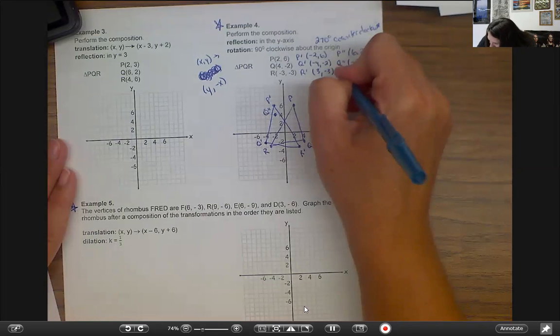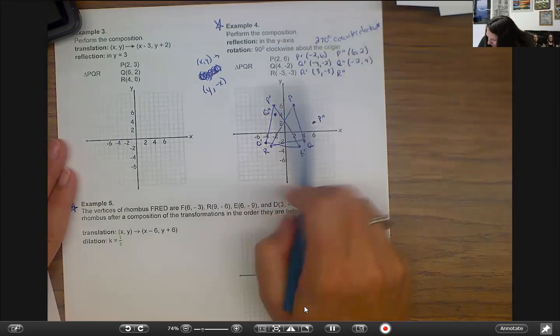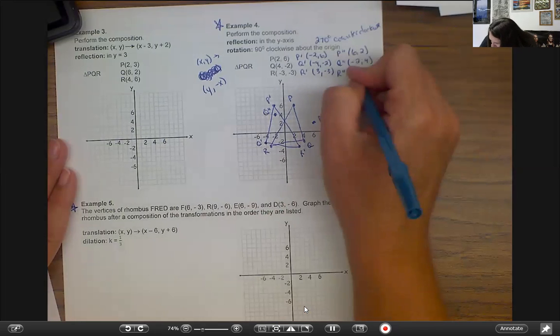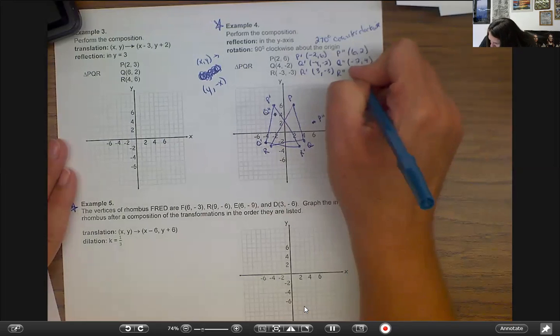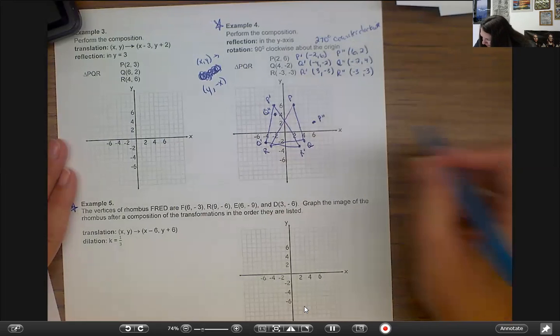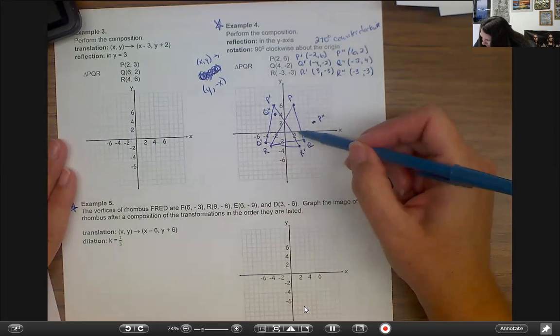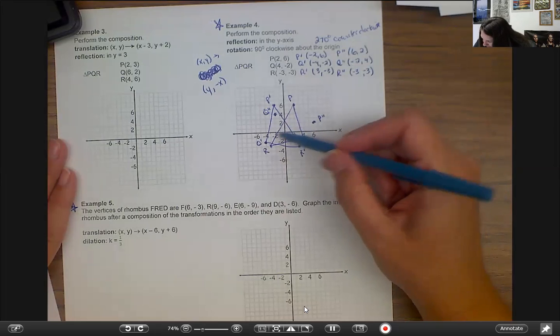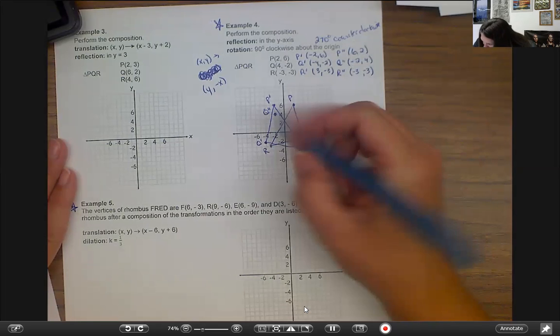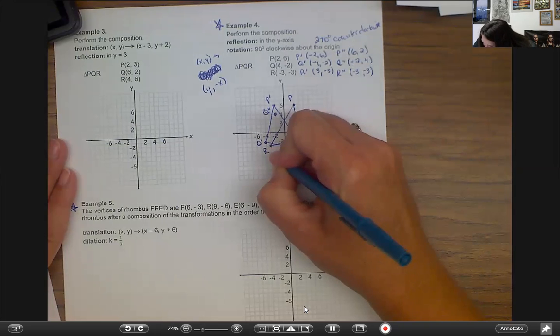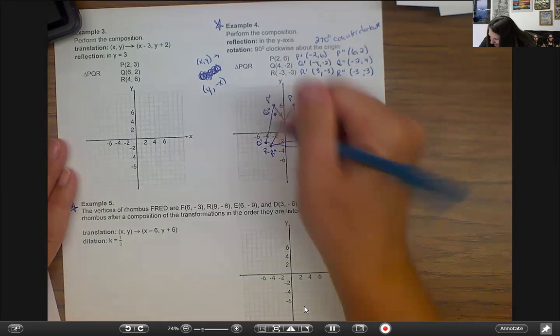And R double prime. The x coordinate was a +3, so it will become a -3. And then we also had -3. So R double prime is going to go to -3, -3. So it takes it right back to its original place.